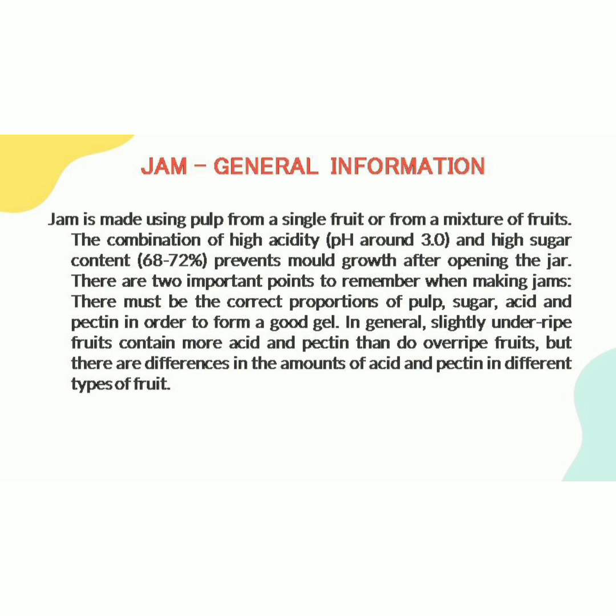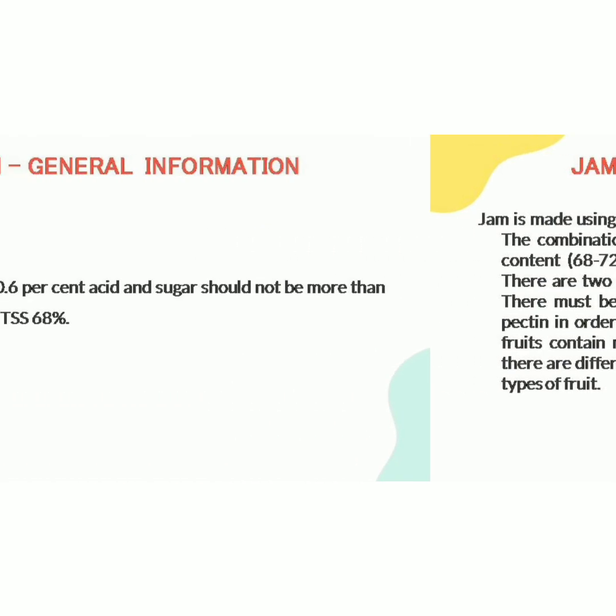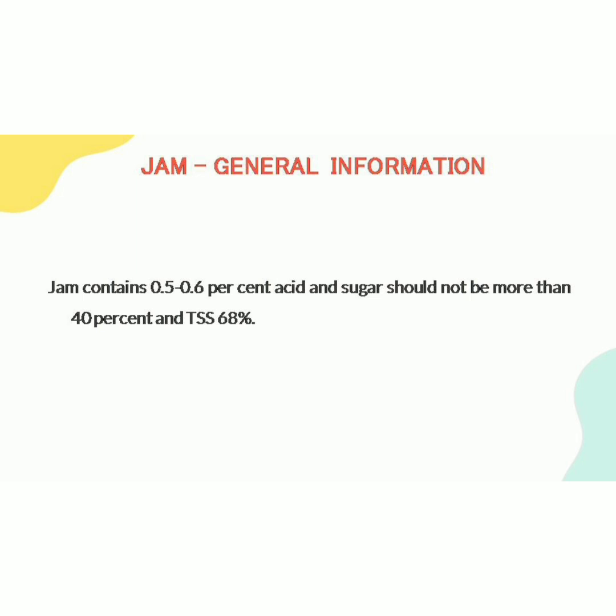But there are differences in the amounts of acid and pectin in different types of fruit. Jam contains 0.5 to 0.6% acid, and TSS is 68%.